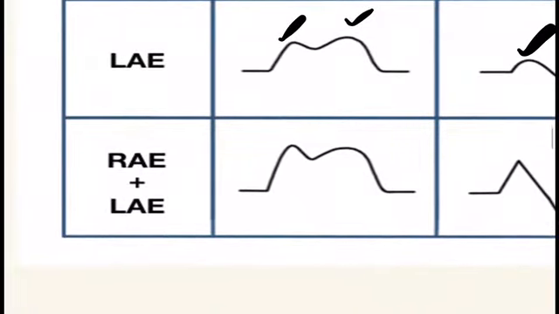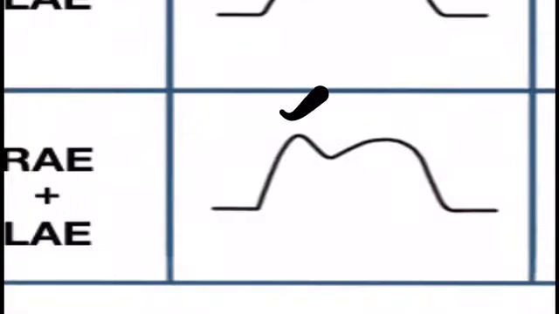Now if there is enlargement of both the right atrium and left atrium, it will show a peaked earlier part of the P wave and also a peaked later part of the P wave, okay. And this will increase both the height and width of the P wave.